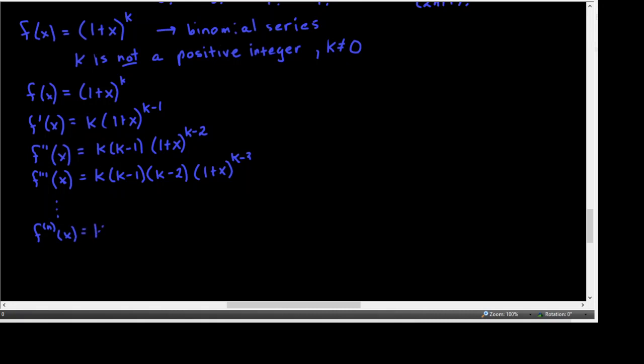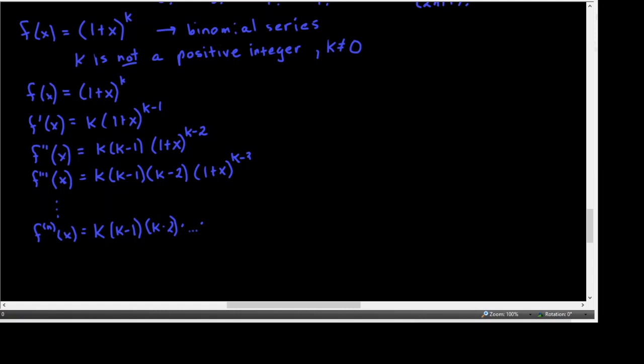Well, it's going to be k times k minus 1 times k minus 2 times dot dot dot, meaning we're going to keep going in that pattern until we get to where? Well, for the third derivative, we stopped when it was k minus 2. And for the second derivative, we stopped when it was k minus 1.